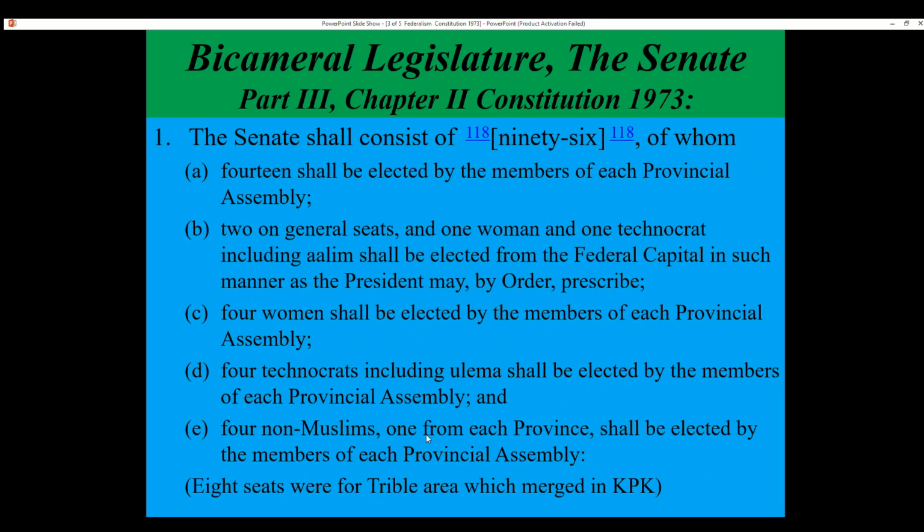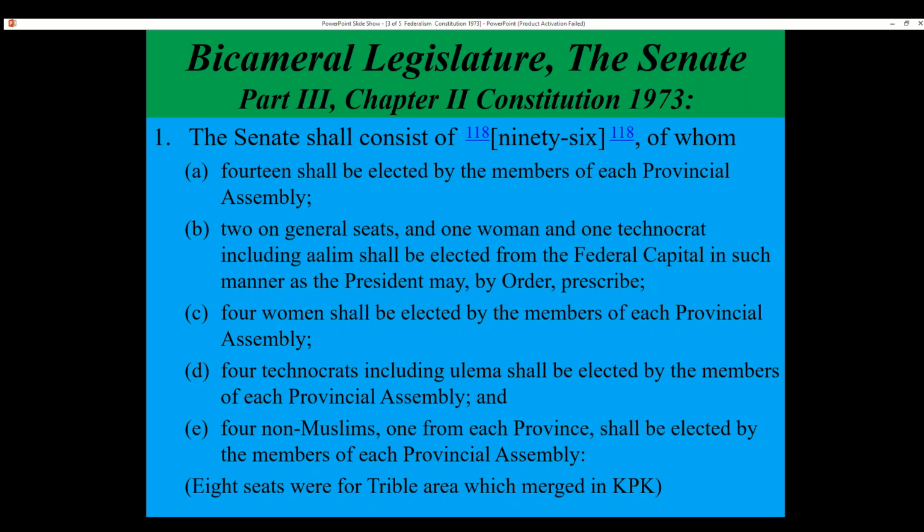So the next, as far as the Senate is concerned, Part 3, Chapter 2 of the Constitution of 1973 elaborates the representation and system of representation in the Senate.